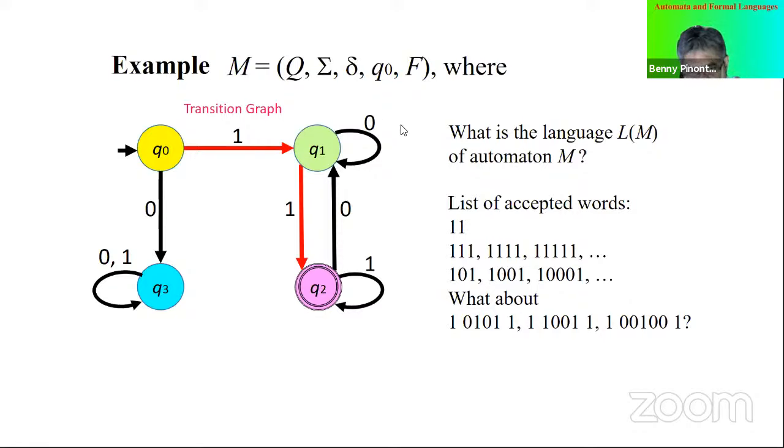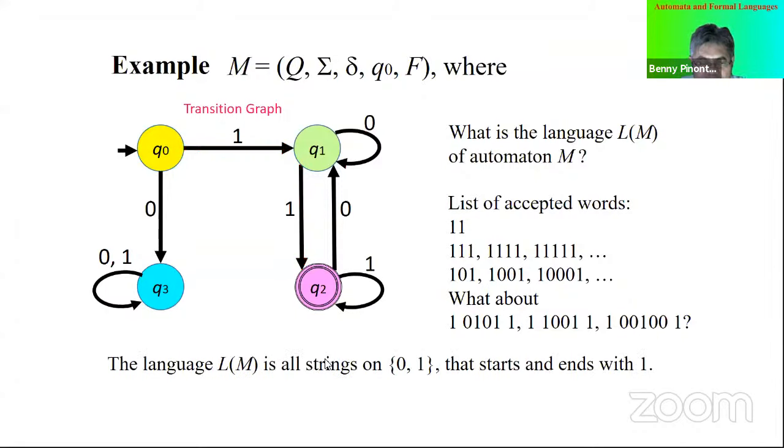That's all accepted. So basically, it doesn't matter what the combination or order or how many 0s and 1s are in the middle, as long as it starts with 1 and ends with 1, it is accepted.